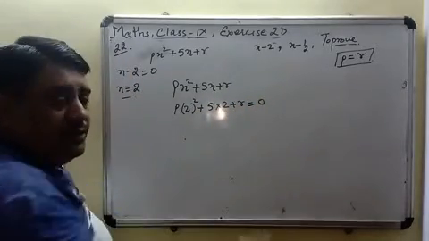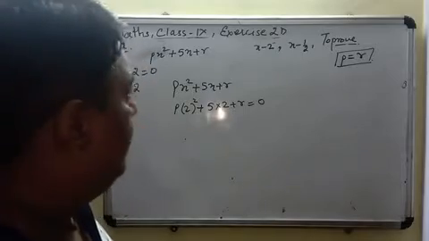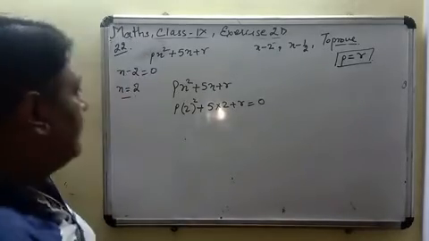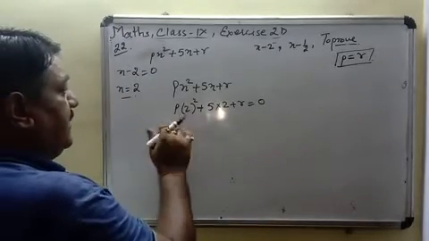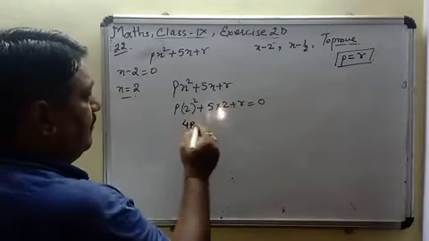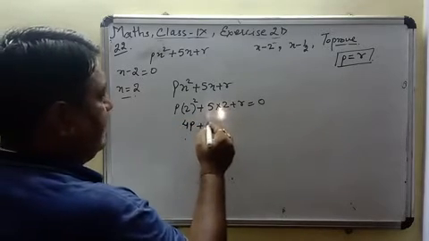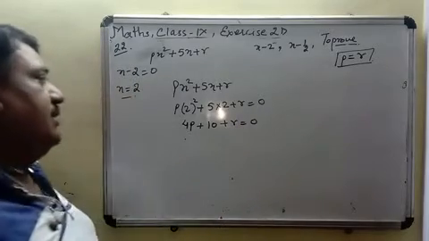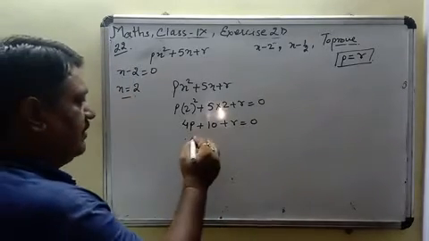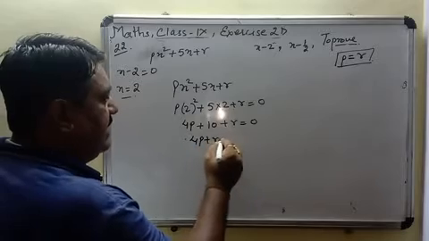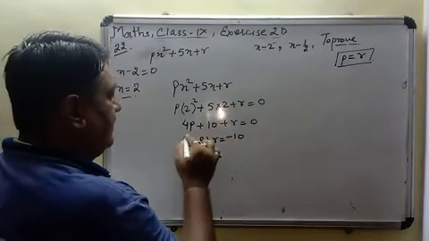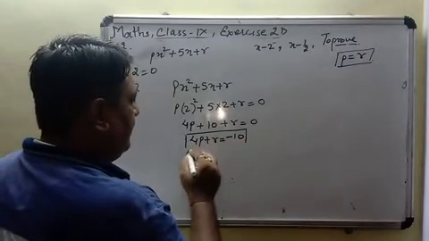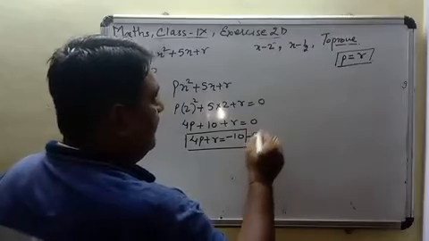This will become 0 because I have kept the value of x over here. 2 fours are 4p plus 5 twos are 10 plus r will become 0, या फिर 4p plus r equals -10. This is equation number 1.